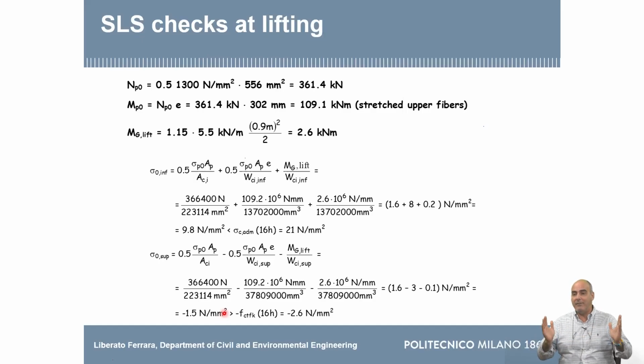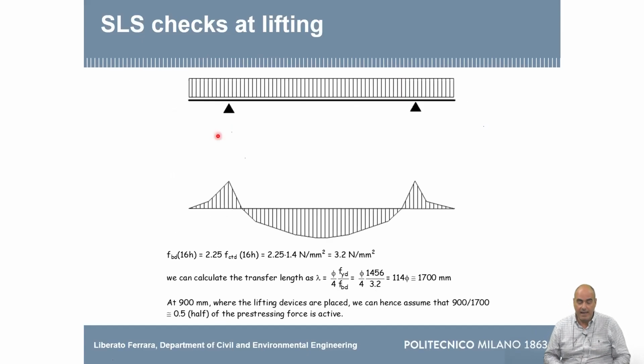So whenever you come back and apply other loads, these stresses will gradually be zeroed, and you can expect your cracks to be closed. So see that the state check at lifting was more severe than the state check at pre-stressing release, because our element is working in a different configuration.